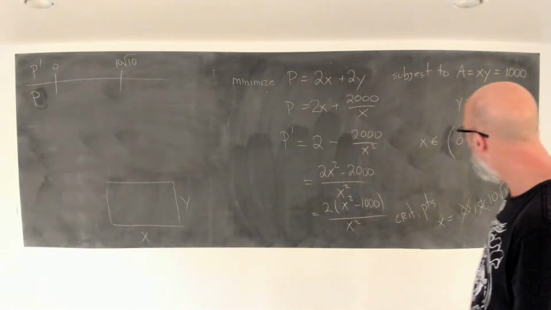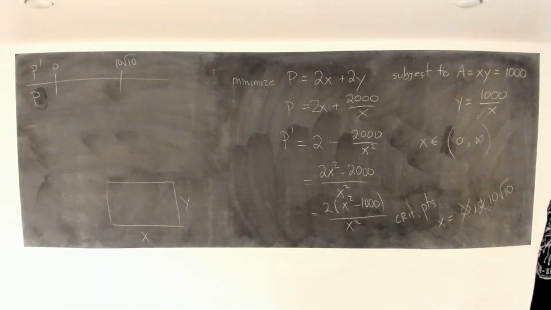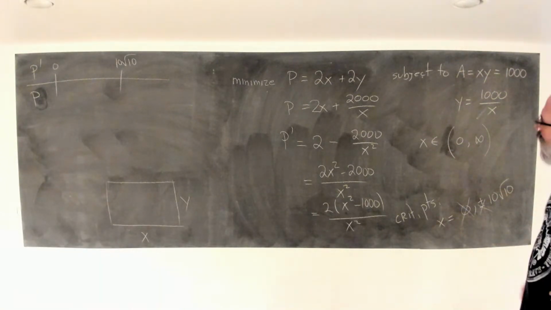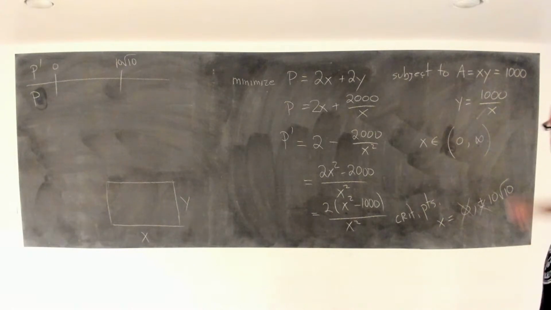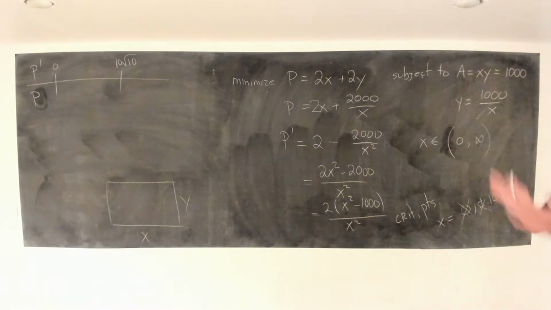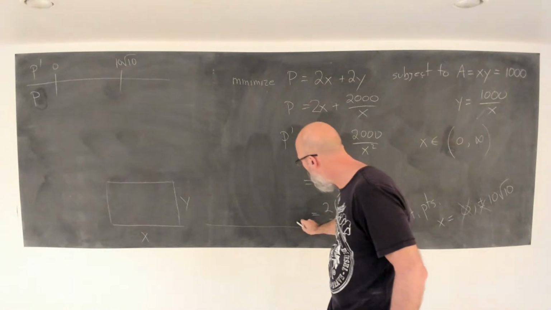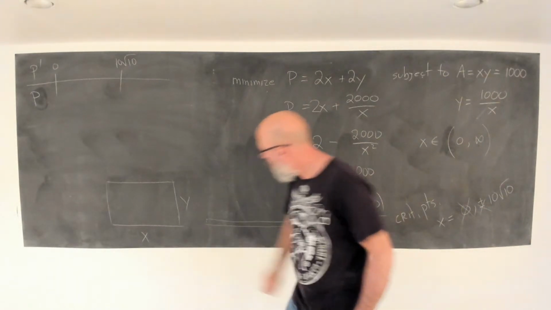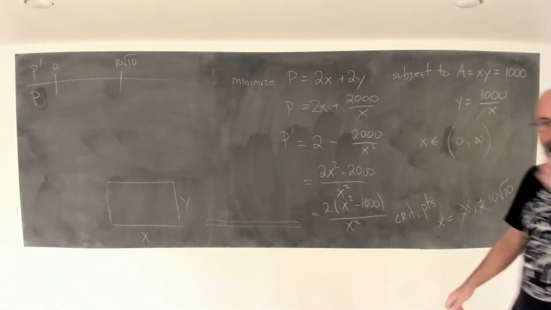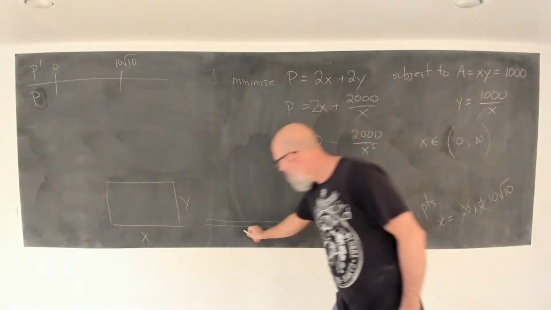Jennifer's asking, shouldn't X stop at 1,000? I claim that it doesn't have to stop at 1,000. If X is 1,000,000, then Y is going to be very small, so you're going to get a very thin field where X could be 1,000,000.